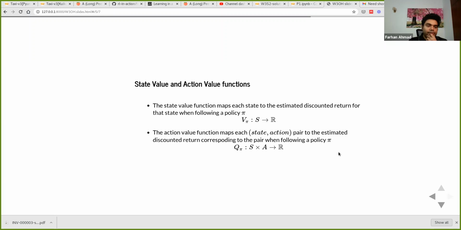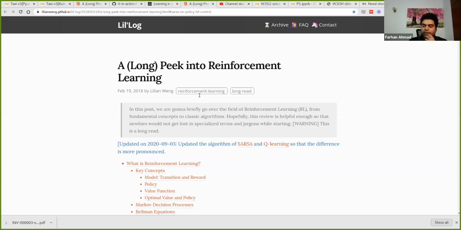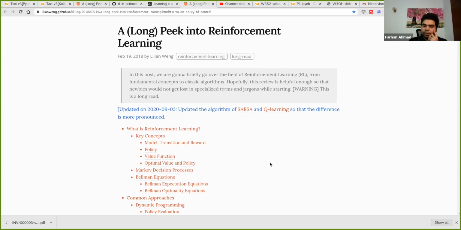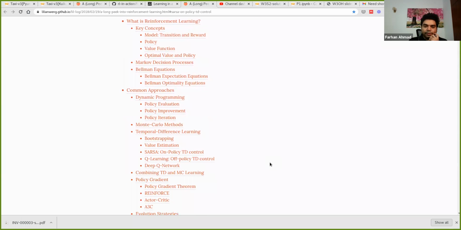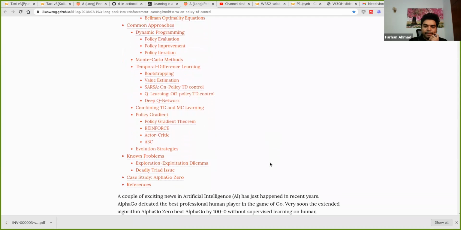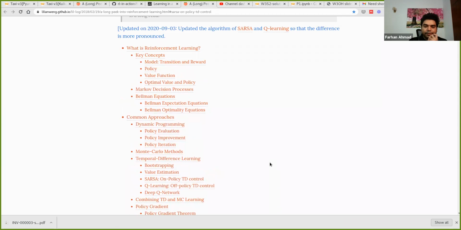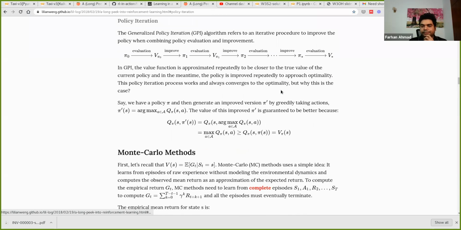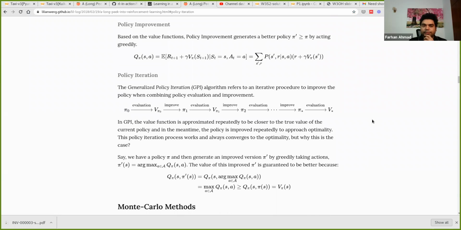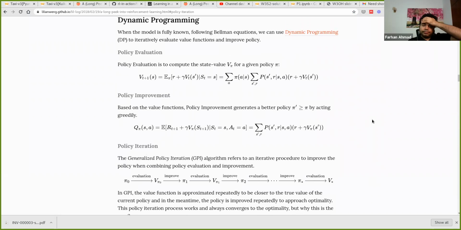If you're reading through the book or the very long blog that I have referred to, you will see that it refers to something called GPI, which is policy iteration.